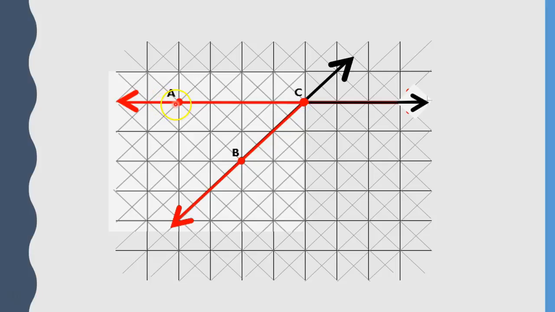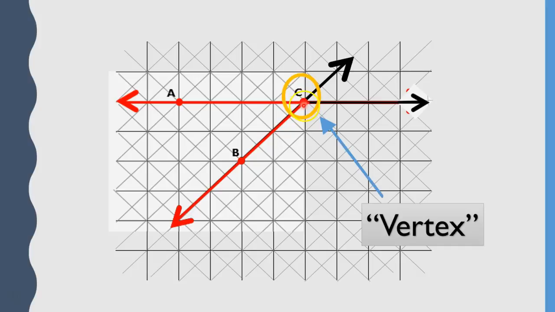So this could be called angle ACB or angle BCA, or you could say angle C. So just remember that this shared endpoint has a special name of its own, and that's called a vertex. So that's important to know. Since they share that endpoint, it's called a vertex.